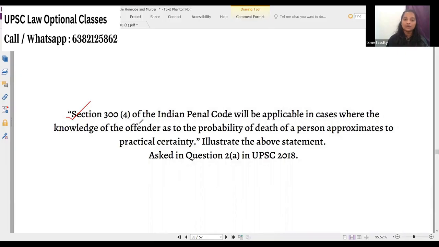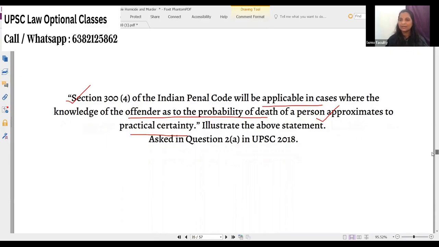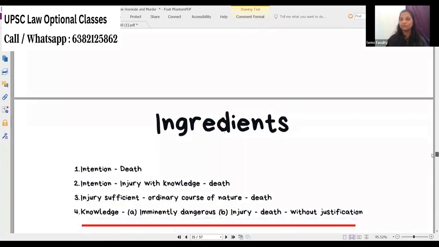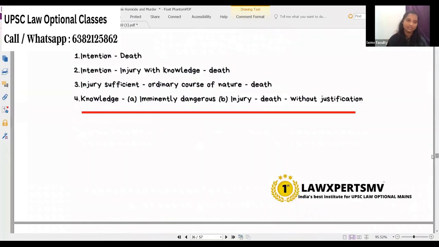Section 300 clause 4 of the Indian Penal Code will be applicable in cases where the knowledge of the offender as to the probability of death of a person approximates to practical certainty. Illustrate the above statement. This statement is nothing but the reworded fourth clause of section 300. So let me explain section 300, fourth clause, so you understand the question and we can answer it.